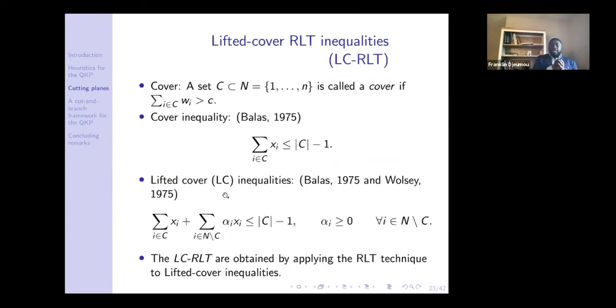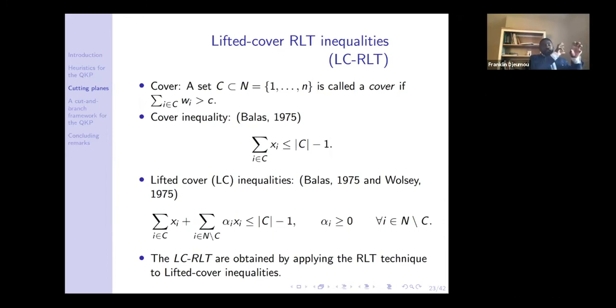In terms of lifted cover inequalities, and like I said, knapsack problem, you have the cover inequality. What's a cover set? It's simply that if you have a knapsack capacity of C, and you have a subset of your items whose total weight is larger than C, what you can see is that from this subset, you cannot take all the items because the total weight is already larger than the capacity.